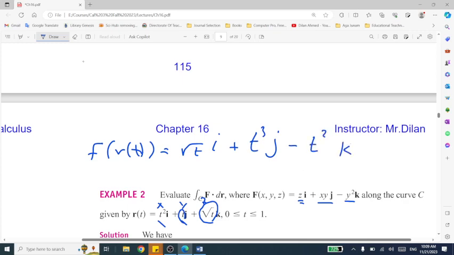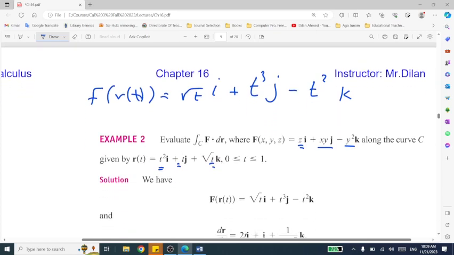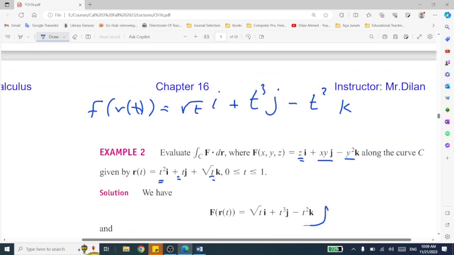Okay? You got it? We substitute each x by t square, each y by t, each z by square root of t. Clear?